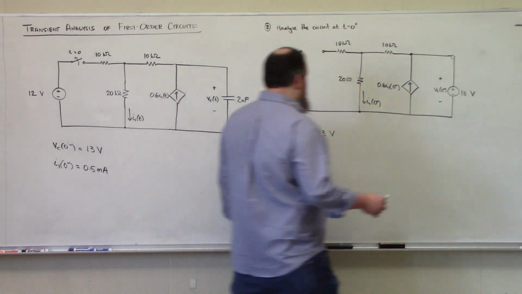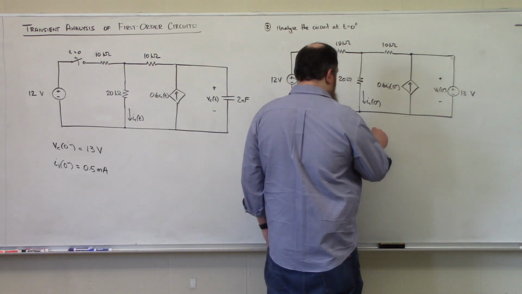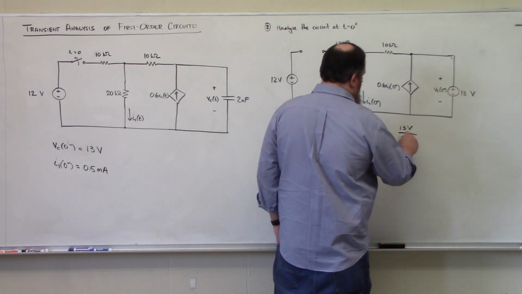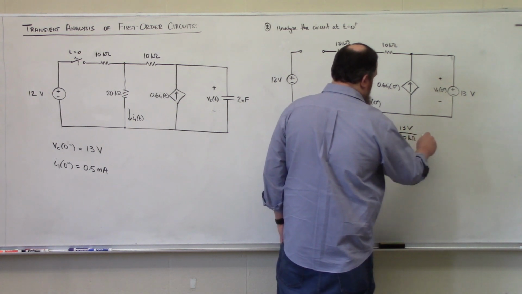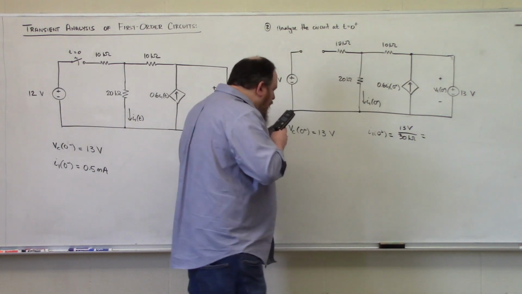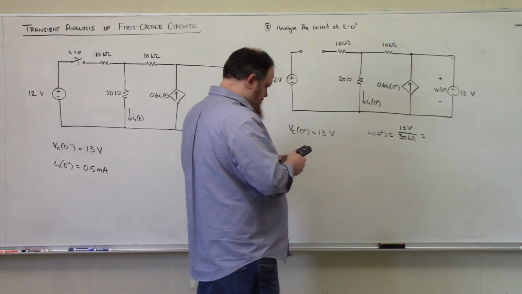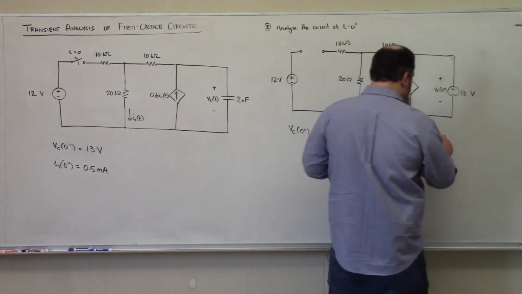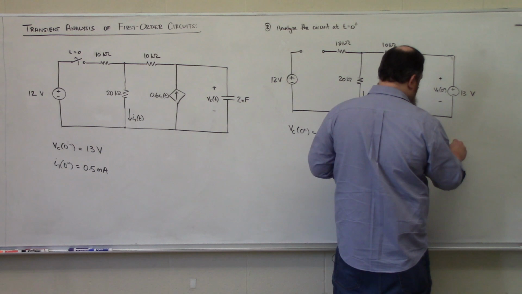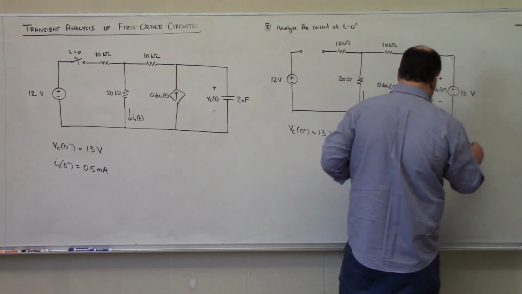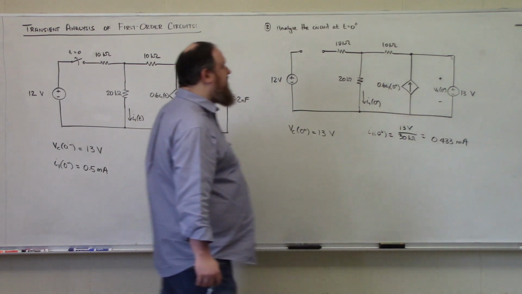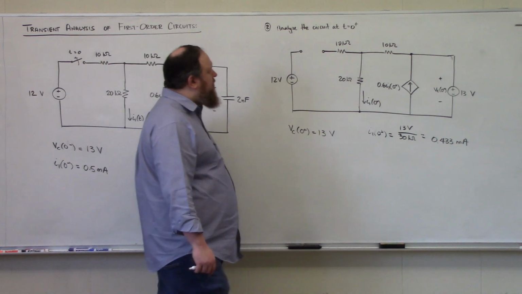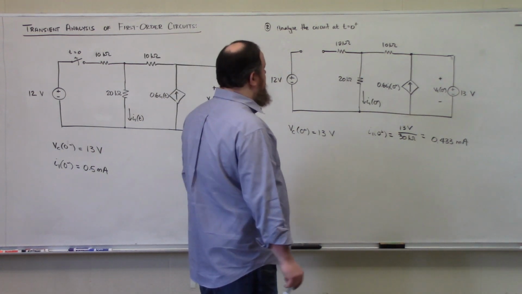So to be clear here, my guess is I1 at 0 plus is 13 volts over 30 kiloohms, which is 0.433 milliamps. But those darn pesky dependent sources, I know they worry students a lot, and sometimes they worry me too. So let's brute force it using mesh analysis.